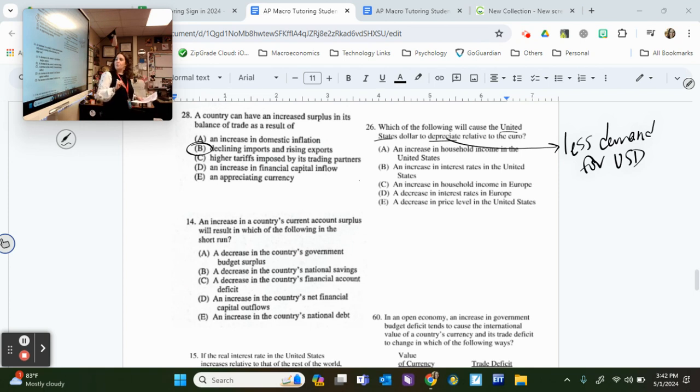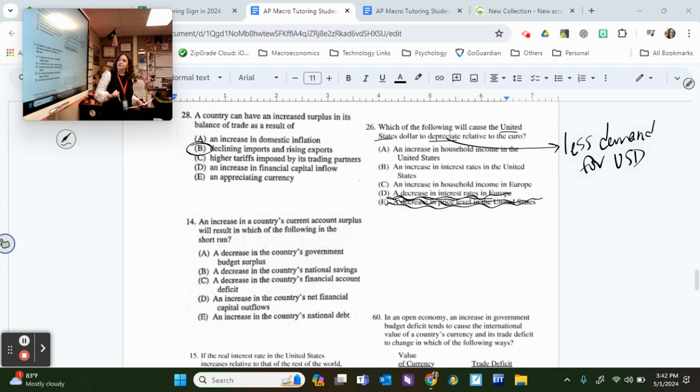If there are lower prices in the United States, that means things are cheap. They probably want to buy stuff from here, which means that they need the US dollar. So it's not that one. A decrease of interest rates in Europe means that they're relatively higher here. If they have low interest rates, that means we have high interest rates. And when they want to save their money at high interest rates, there would be more demand, and we're looking for less demand. So it's not that one either.